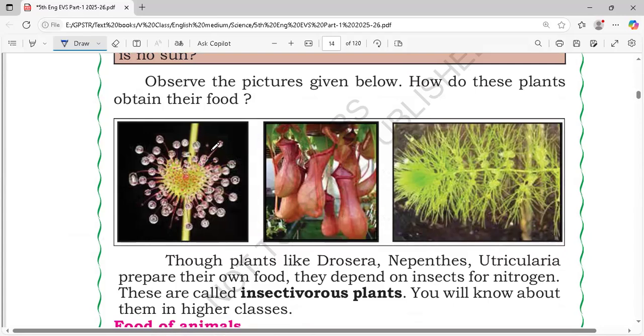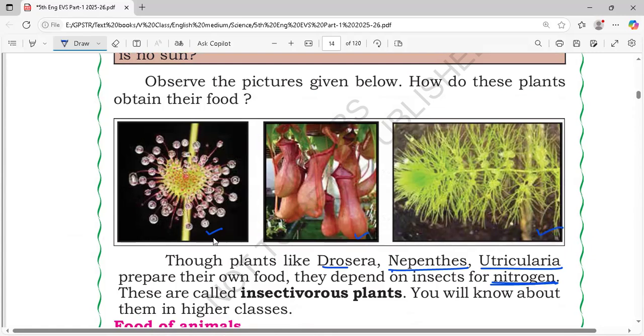See, some plants. This is the Drosera plant. This is Nepenthes. This is Utricularia. They prepare their own food, but they depend on insects for nitrogen.